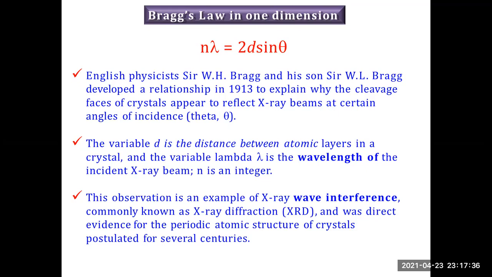Now, the observation here is an example of X-ray interference, wave interference, which is commonly known as X-ray diffraction, and we say XRD, which is the evidence of periodic atomic arrangement or the structure of the crystals, right? So here XRD is nothing but X-ray diffraction, and this X-ray diffraction occurs by the phenomenon of interference, right?